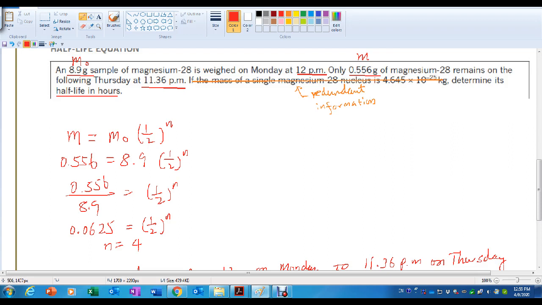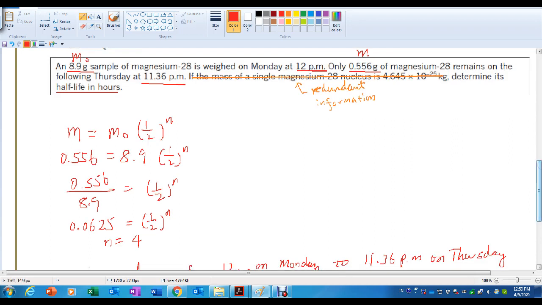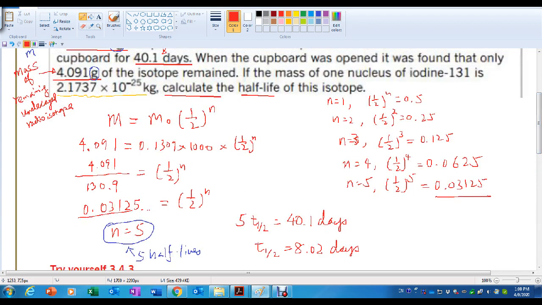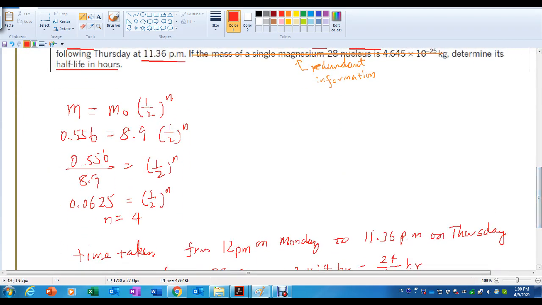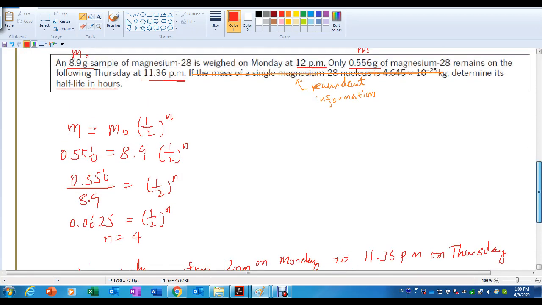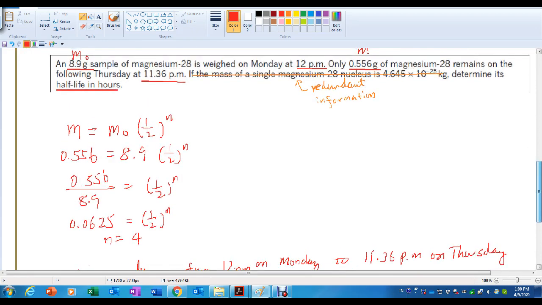You find out that 0.0625 equals 1/2 to the power n, and use our previous method. When n equals 4, 1/2 to the power 4 equals 0.0625, so n equals 4. So that means there are 4 half-lives.